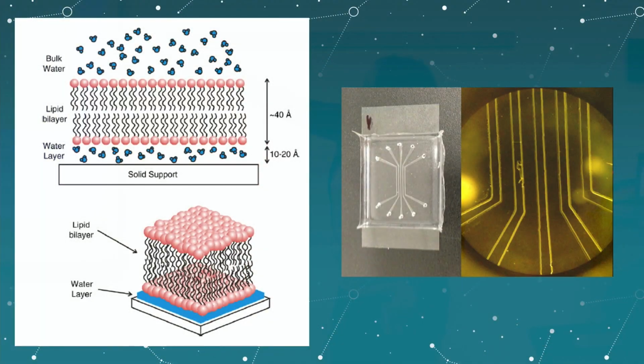What you see in the diagram on the left is how they build that interface. They have that support on the bottom. Then, just like you built in your model, a layer of water and then a layer of a model cell membrane. And they can test all of these different metals and things and how they're interacting with the interface.